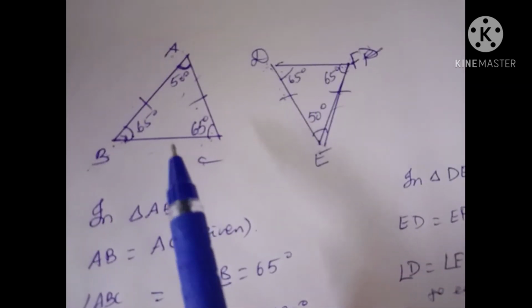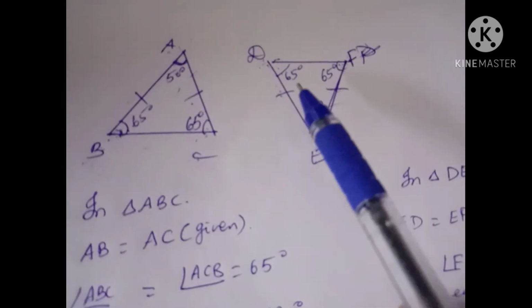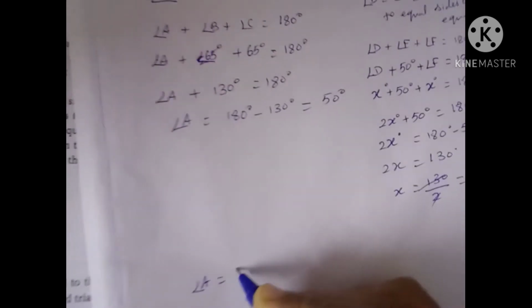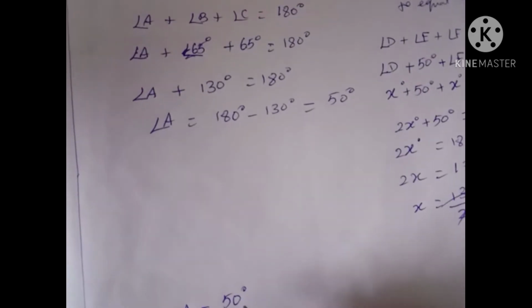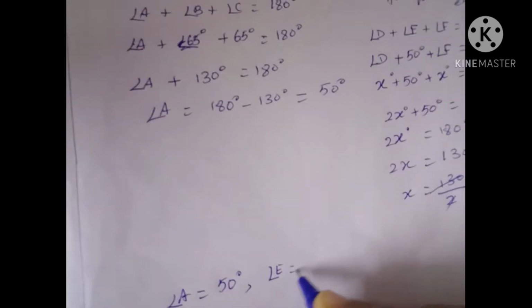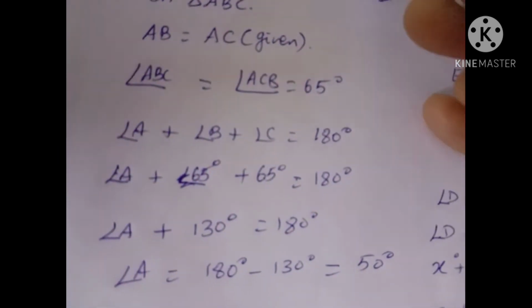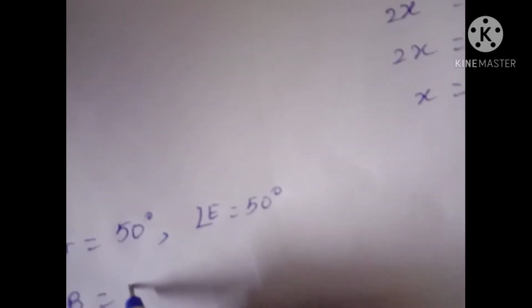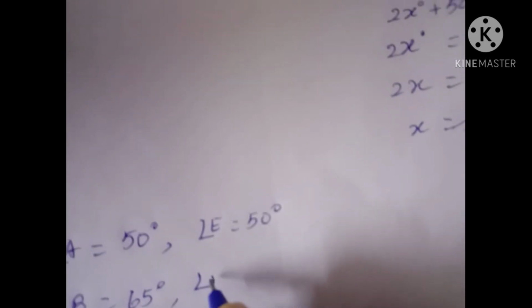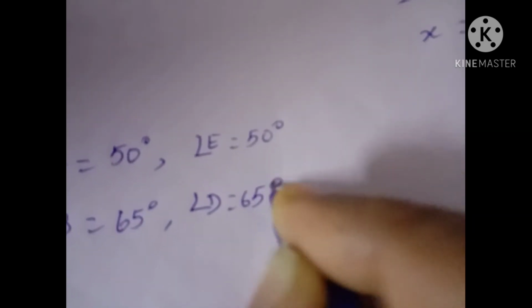So when you see triangle ABC and triangle DEF, angle A is equal to 50 degrees and angle E is equal to 50 degrees, and angle B is equal to 65 degrees and angle D is also 65 degrees.